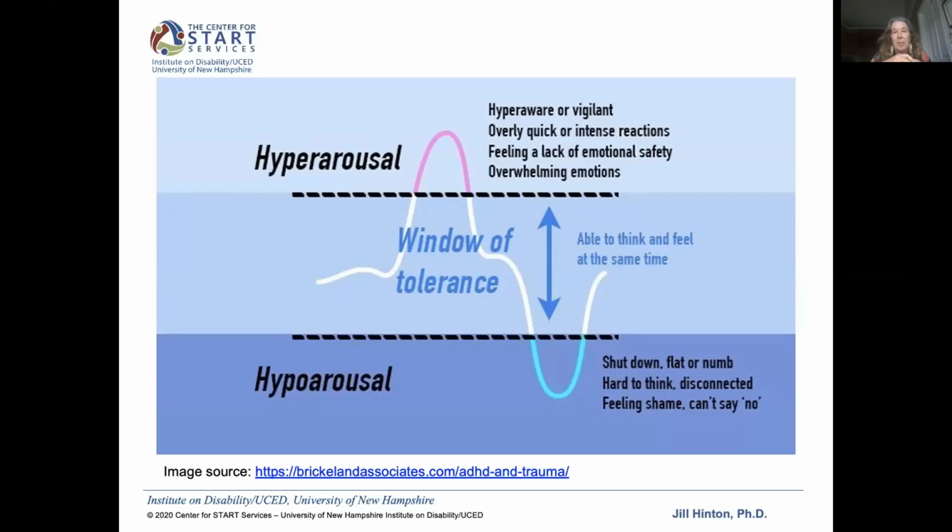Generally, when your window of tolerance is bigger, you go out of that window a little bit, and you can recover, like I mentioned before. Your heart rate goes up and you kind of panic, and you may say something to somebody you shouldn't have said, but then you can come back down into your window of tolerance and begin to think and feel again.